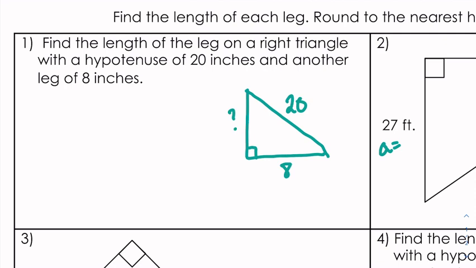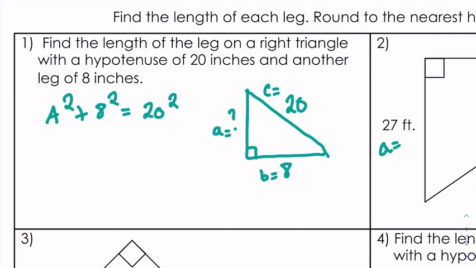From there, I'm going to fill out my Pythagorean theorem, and this time I've got A squared, and then we're going to make that our mystery. We're going to say B equals 8, and C equals 20. So we've got A squared plus 8 squared equals 20 squared.